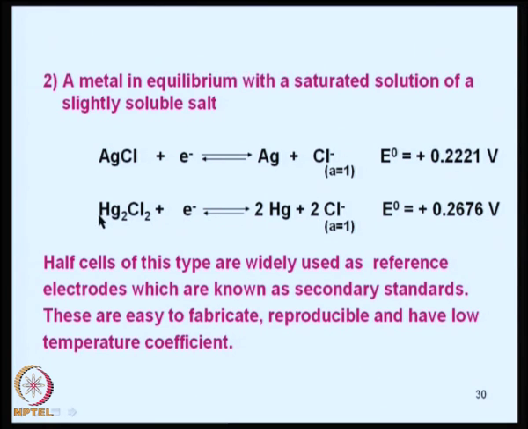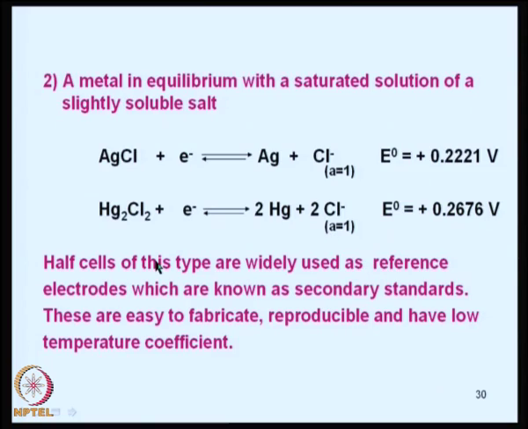Similarly, I can choose other sparingly soluble salts like mercurous chloride, Hg2Cl2 + e- going to 2Hg + 2Cl-. Here also a single electron is involved, and the E0 for this half cell reaction is 0.2676 with respect to the standard hydrogen electrode.